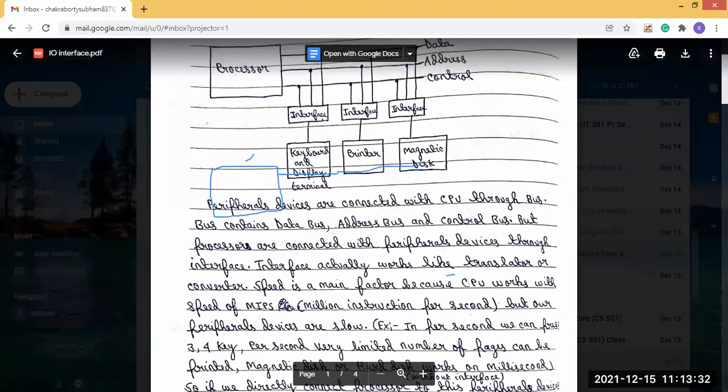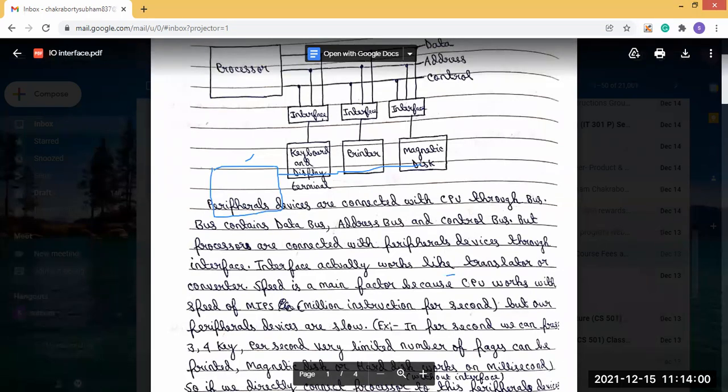If we use a printer, per second a very limited number of pages can be printed. If we use a magnetic disk or hard disk, it works only in milliseconds. That means the speed of the input output device is very low compared to the processor.